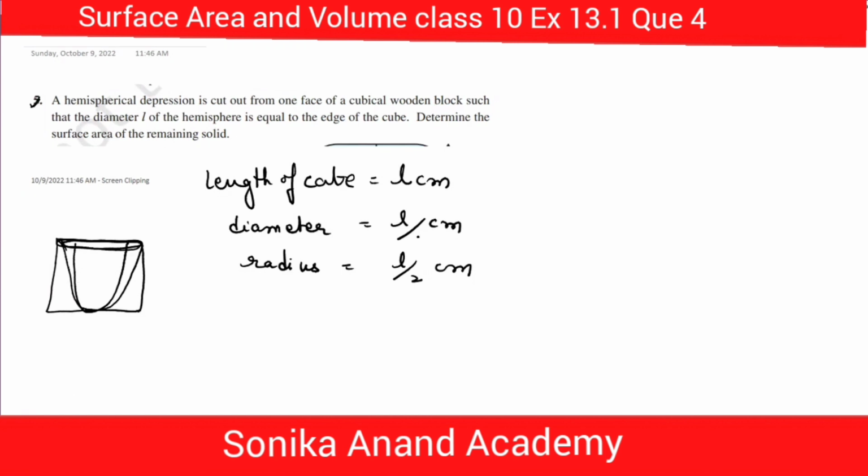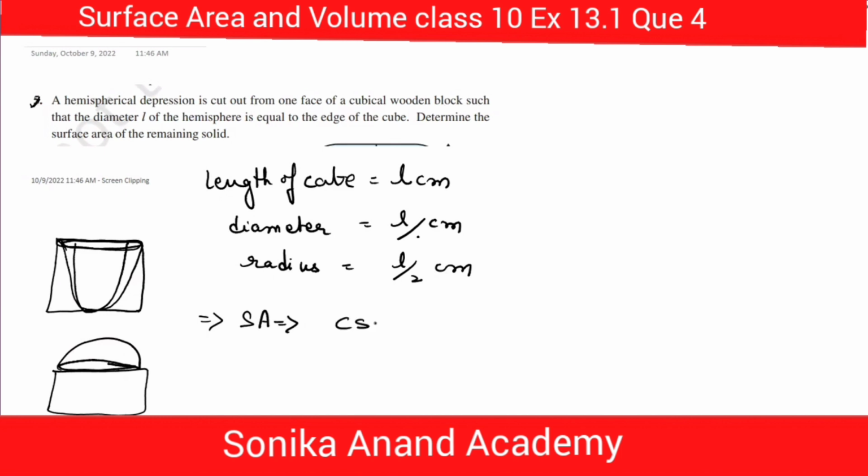So whether it is on top of that, clear? And whether it goes inside that solid, both have the same surface area. Please remember this thing.